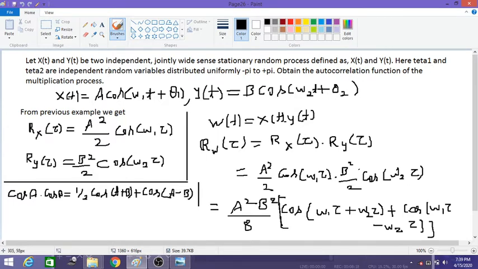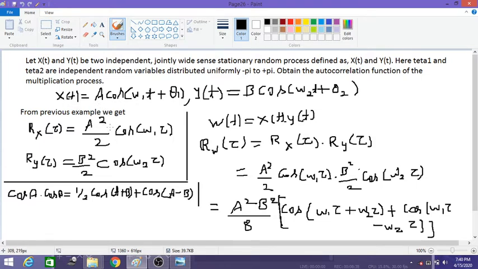Here theta 1 and theta 2 are independent random variables distributed uniformly from minus pi to plus pi. Obtain the autocorrelation function of the multiplication process. Here we are using the multiplication process that we discussed earlier in the introduction part of this tutorial.